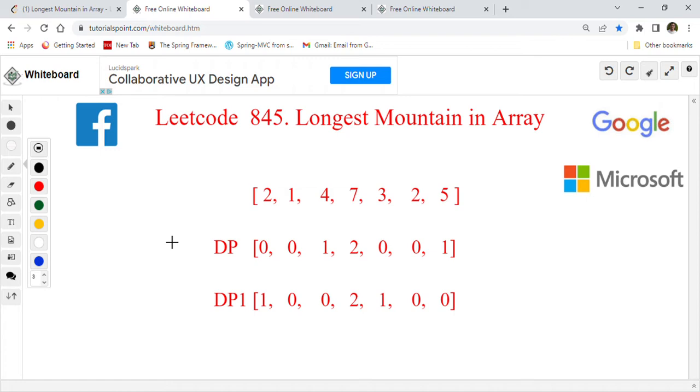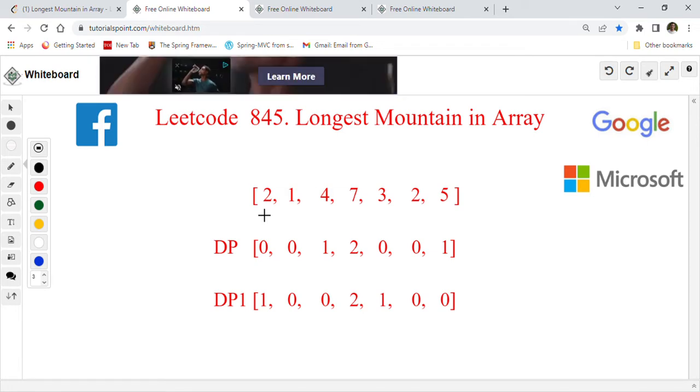How we will use this DP approach is, we will create two types of DP array. First, let's understand a little bit of the logic before we go into the DP array details. What we need to identify is a mountain array.